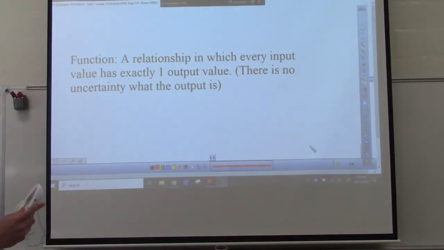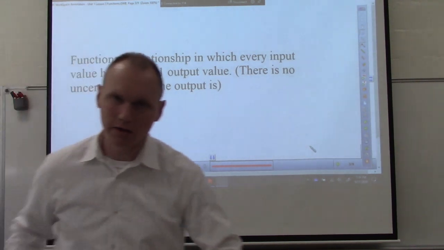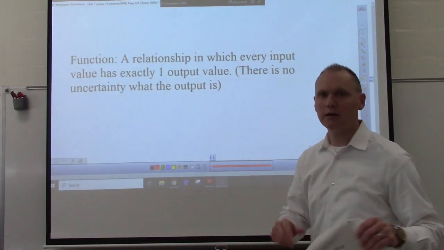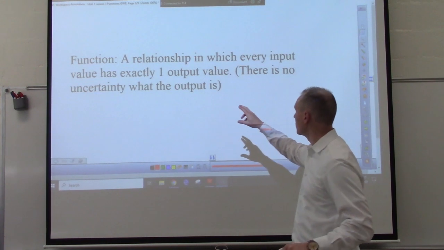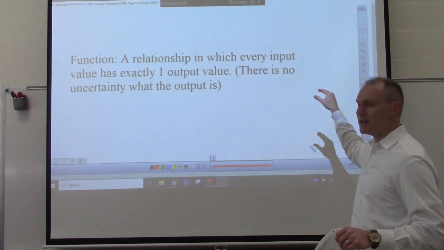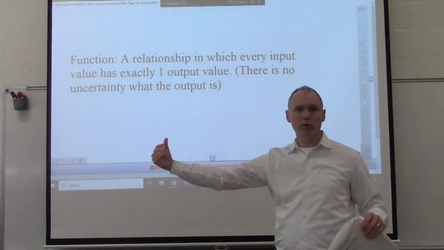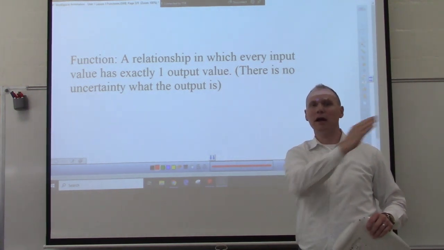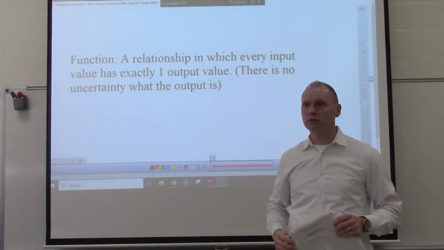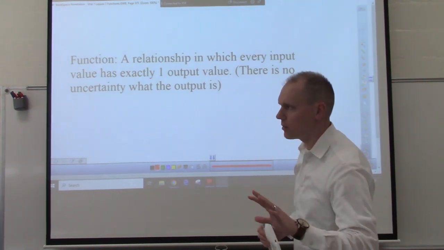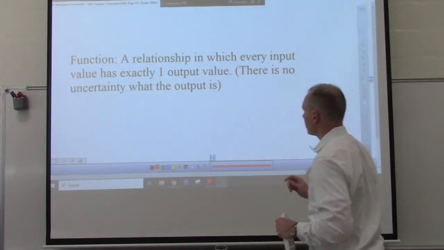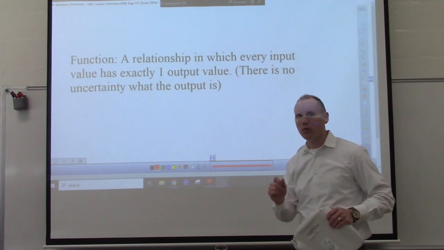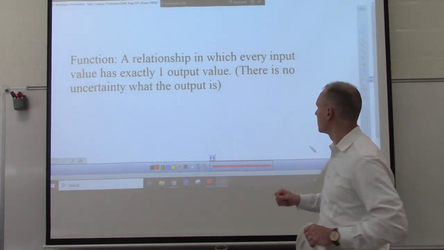So first of all, the definition of a function. So here's how we've defined a function. It's a relationship in which every input, so every value that we're putting in, has exactly one output. So we'll talk more about what that looks like, but every input has exactly one output. All right?